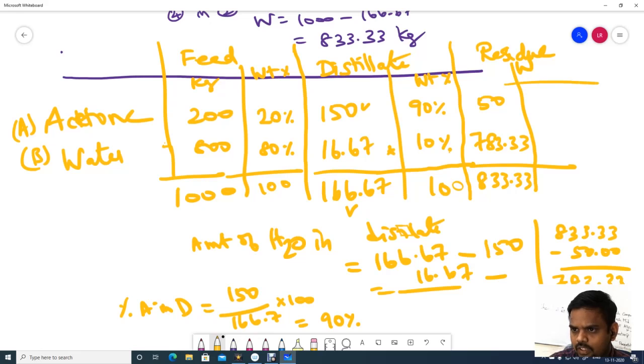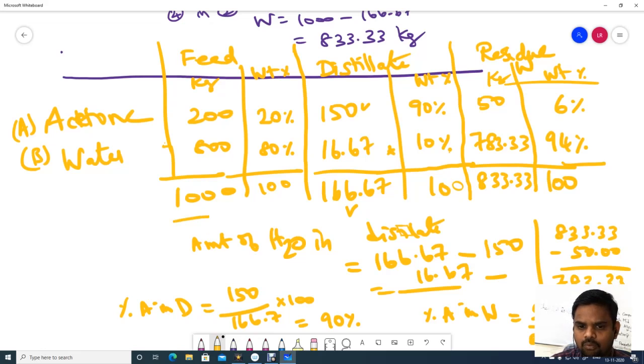So we can write the weight percentage in W. Percentage of A in W is equal to 50 divided by 833.3 into 100. So you get around 6%. The total is 100, therefore this is 94%.